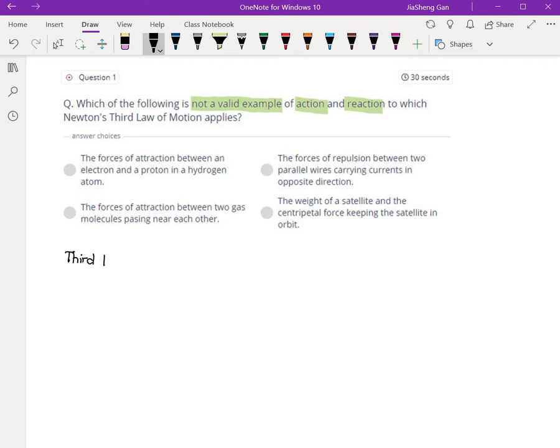Newton's third law basically says, this is not an exact definition, but you get the idea: if A exerts a force on B, B will exert a force on A. This is a must, no exception.